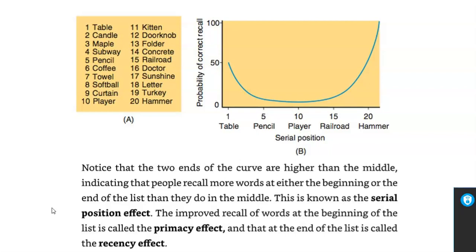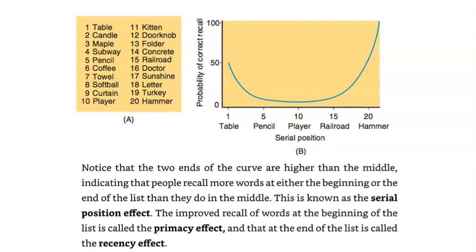The latest words, like letter, turkey, and hammer, have the advantage of being very recent. So the first words enjoy the primacy effect, where they have a lot of rehearsal, a lot of ensconcing, if you will. They're dug in because they're the first ones.